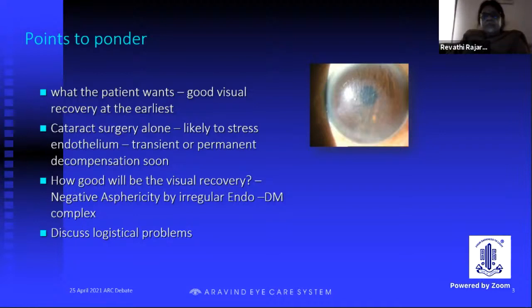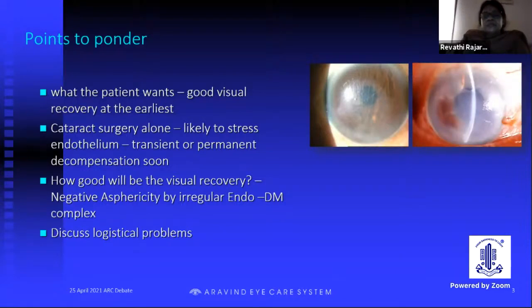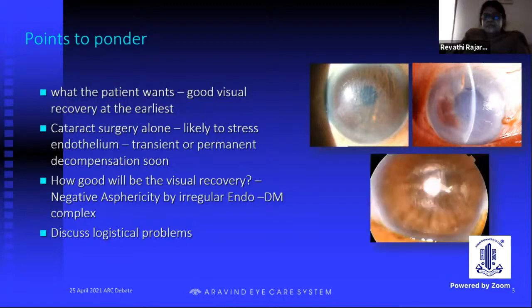We can reassure them that it may recover in due time, but we have to tell them they may need another surgery. Or we may end up like this, even with all due precautions, which is a really embarrassing situation.